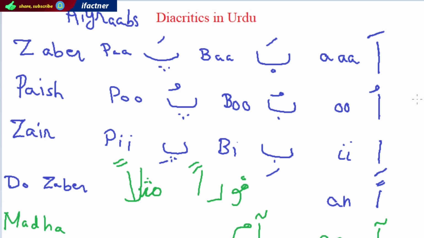So it comes with practice, and you have to know the context of the whole sentence to understand what word is written and how it's written, either using Zabar, Paish or Zair, and how to pronounce it. But with practice, it will come to you naturally.